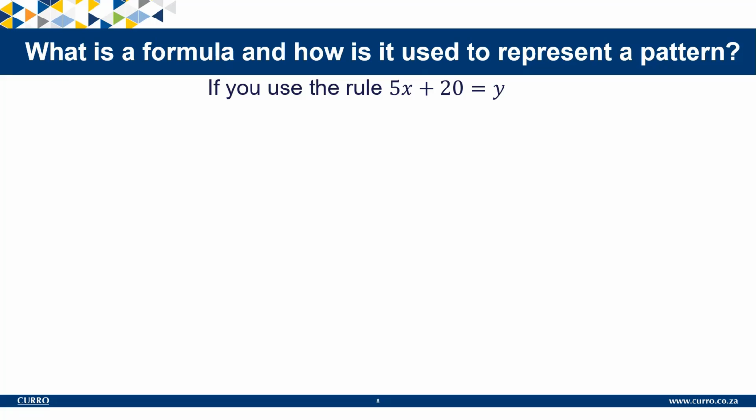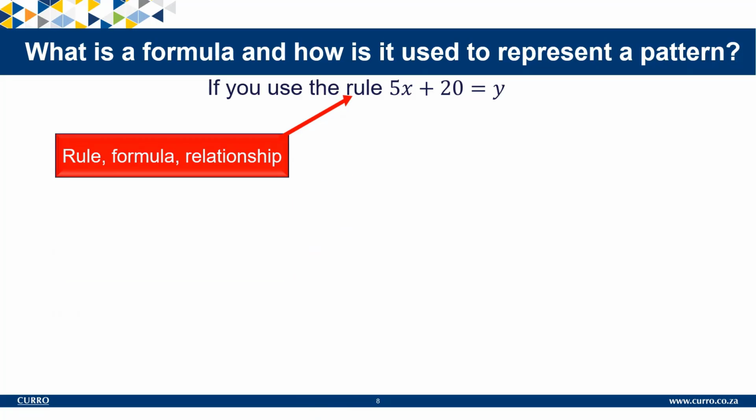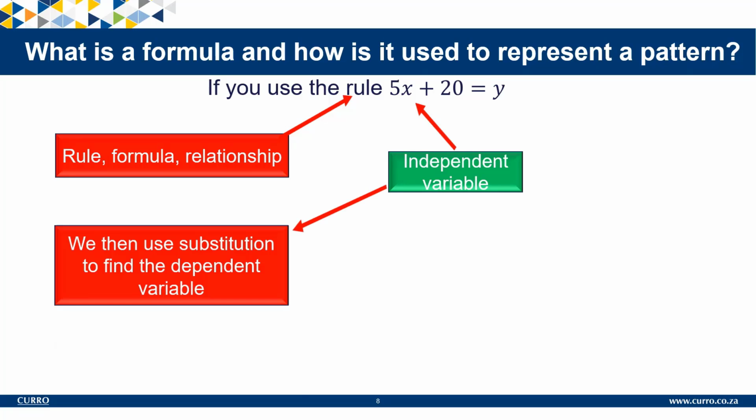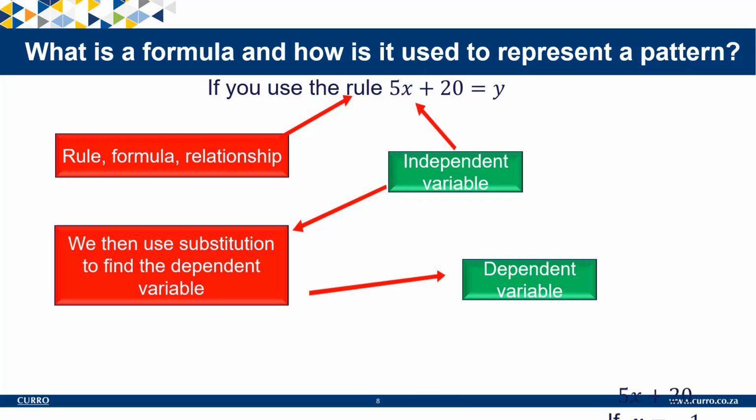So let's use the rule 5x plus 20 is y. That is basically a formula. So a formula is the rule. A formula shows the relationship between x and y. x is the independent variable, and it represents all the input values. We then use substitution to find the dependent variable or the output numbers. The dependent variable is then y.